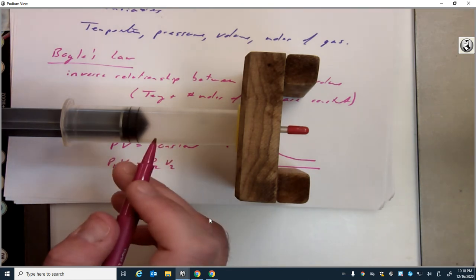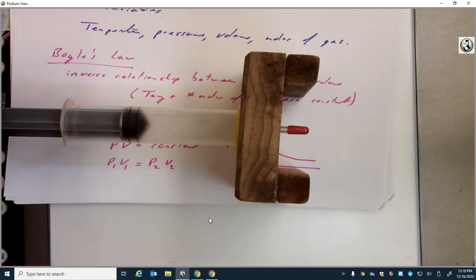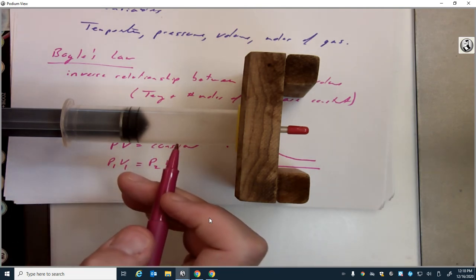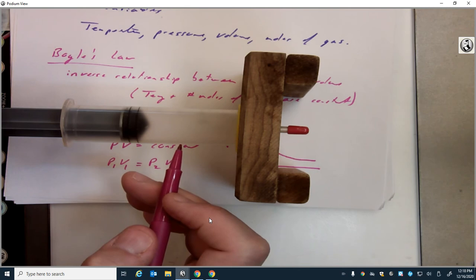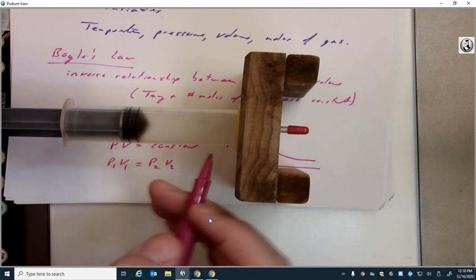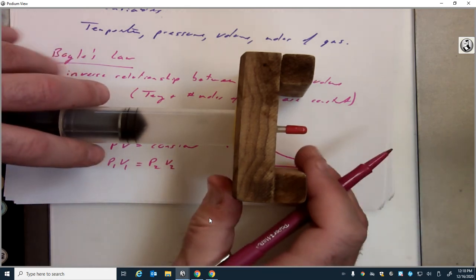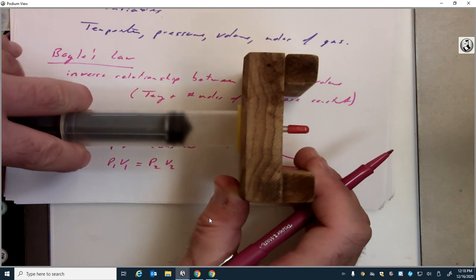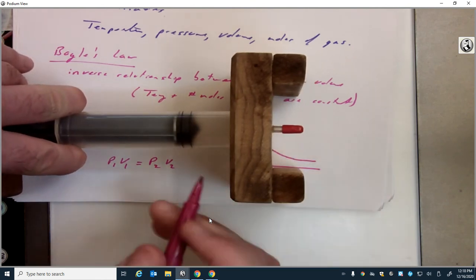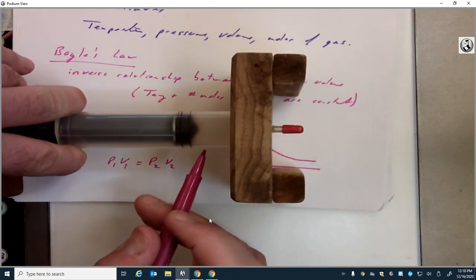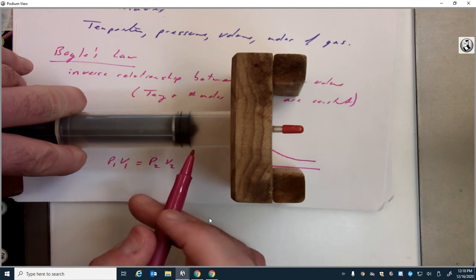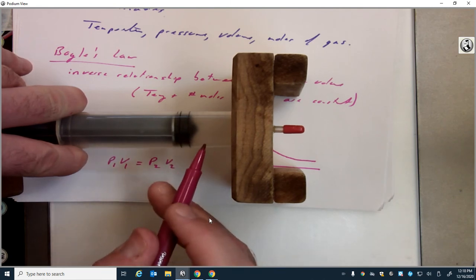Now, there's a big numeric relationship here. Let's say that right now there's 1 atmosphere of pressure in there. If I was to halve my volume, it actually doubles my pressure. So if I decrease my volume by half, I'm going to double my pressure.